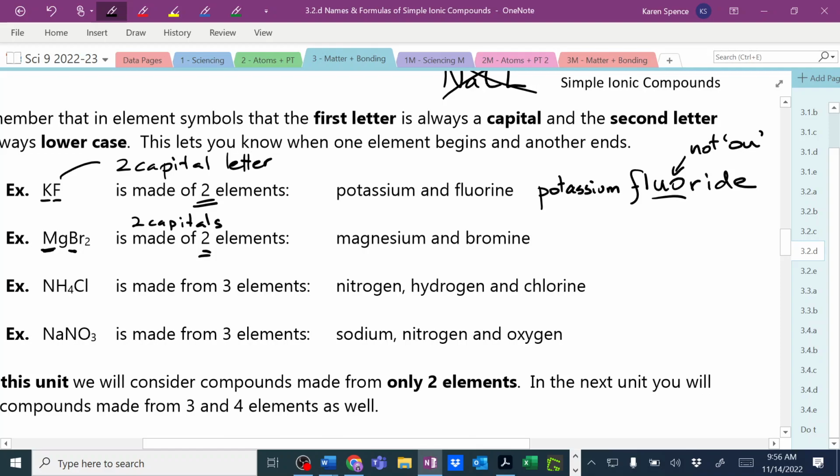Is it iron oxygen? No. What is it? Magnesium, and then bromide.